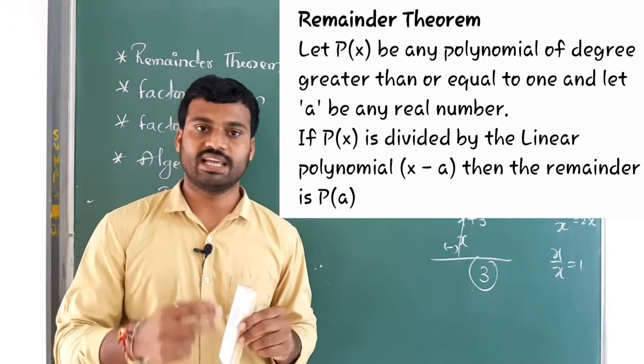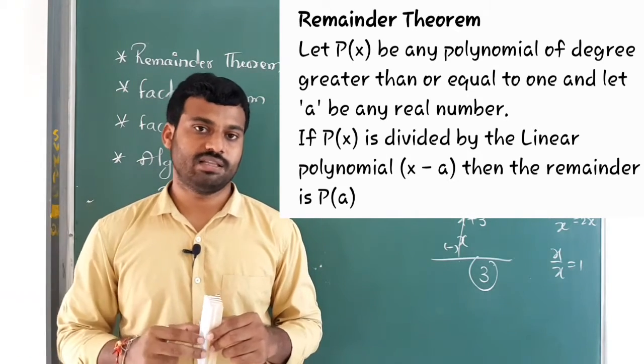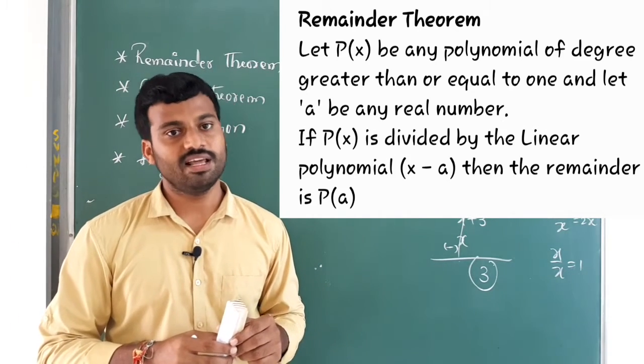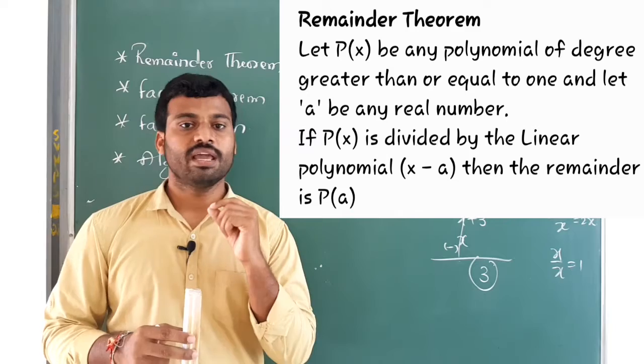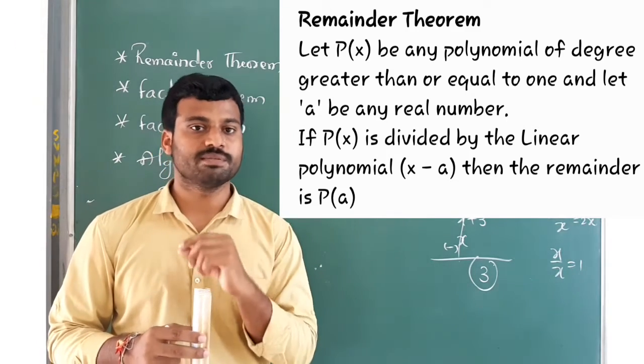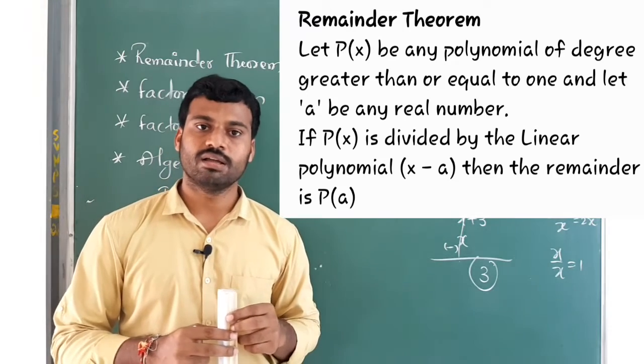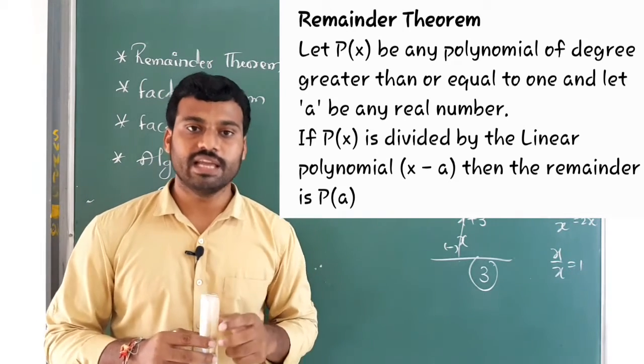What is the statement of the remainder theorem? Maybe for 1 mark they can ask, state the remainder theorem. Clear or not? Let P of x be any polynomial of degree greater than or equal to 1 and a be any real number.